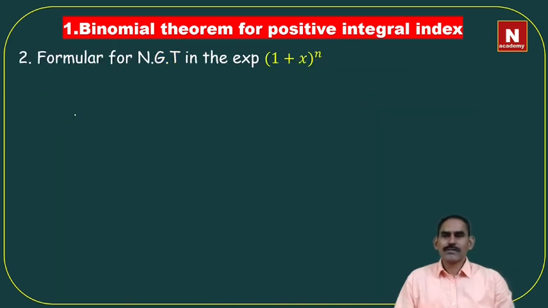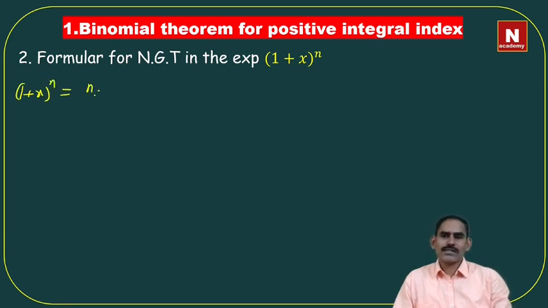In this part, let us prove the formula for the numerically greatest term in the expansion of (1 plus x) whole power n. So first we are going to expand the binomial expansion (1 plus x)^n.